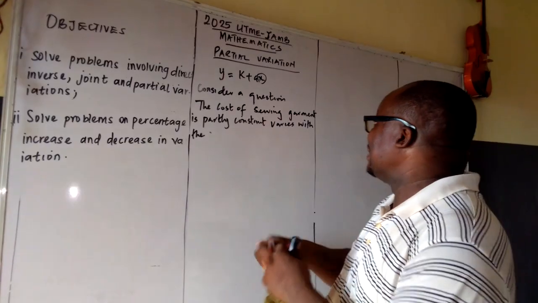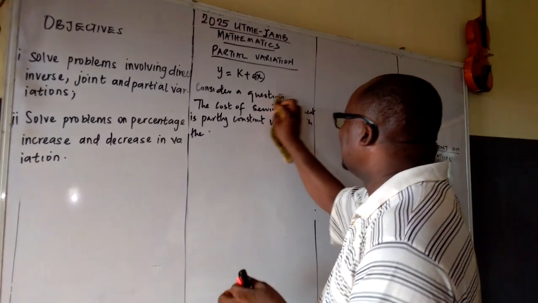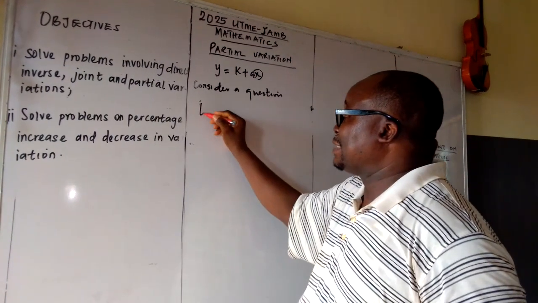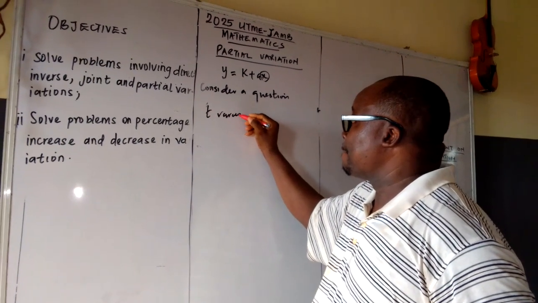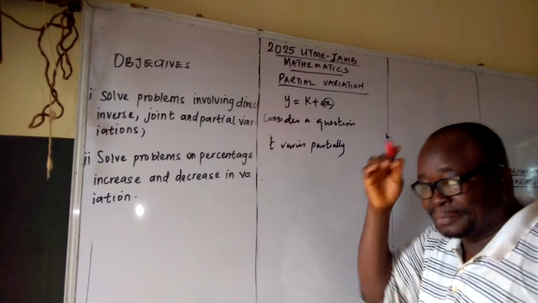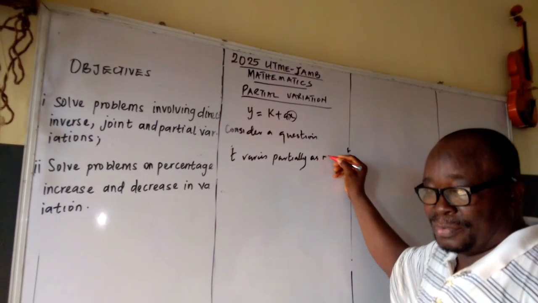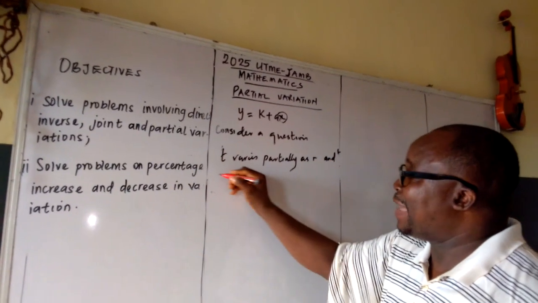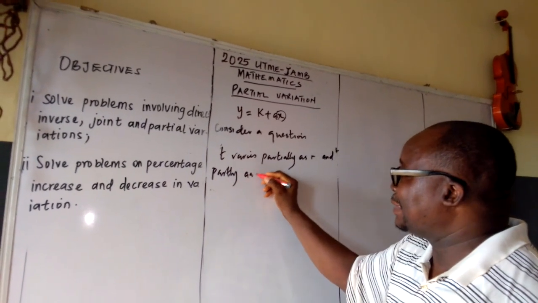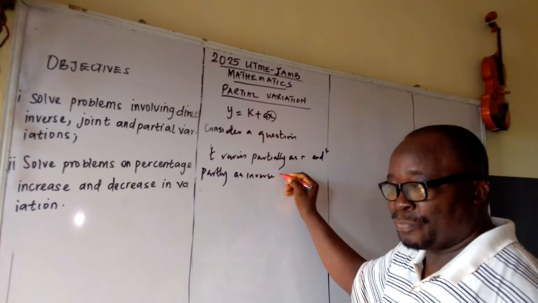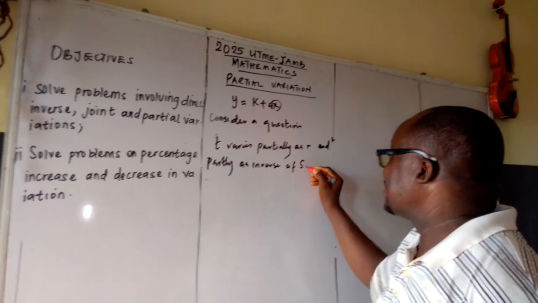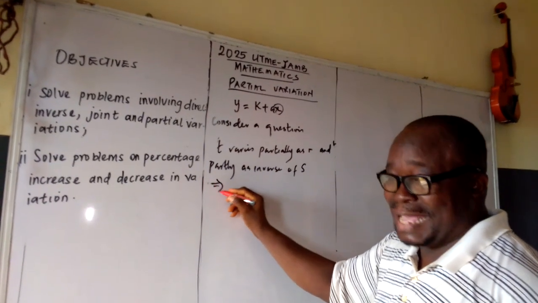When we say t varies partially as r and partly as the inverse of x, it implies that it can be represented as what?